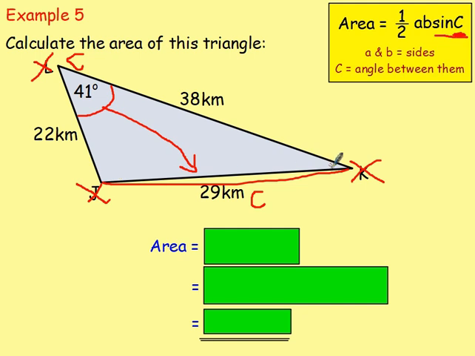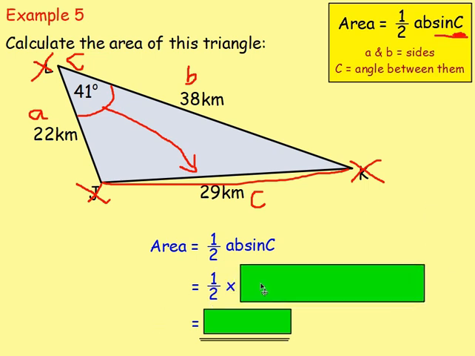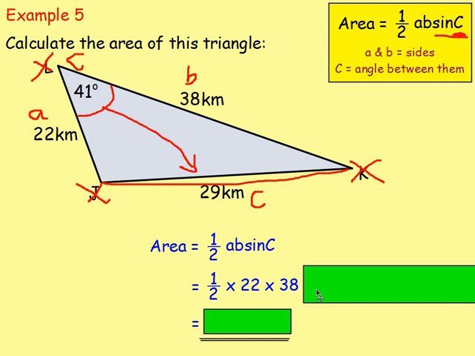So c is going to be 29. The A and the B are going to be the 22 and the 38. Again, it doesn't matter which way around you put the A and the B. If we think about the formula, area is a half AB sine C, so you would have a half times A and B, which are the 22 and the 38. Remember, it doesn't matter which way around.